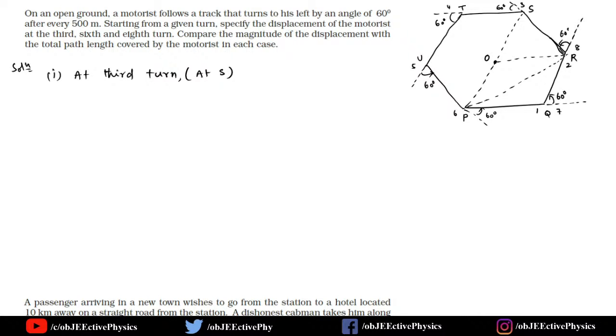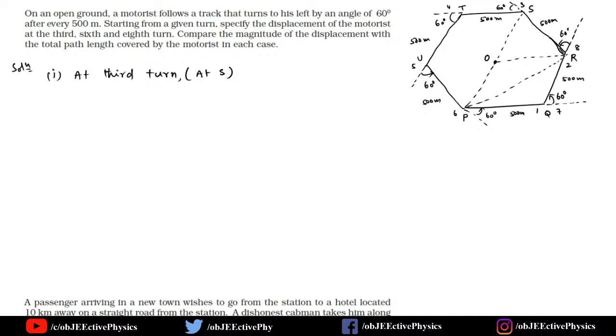That is the question. So P to Q is 500 meters, each side is equal to 500 meters. A regular hexagon it is. After every 500 meters distance, he turned left by 60 degrees. So first turn is at Q, second turn is at R, third turn is at S.